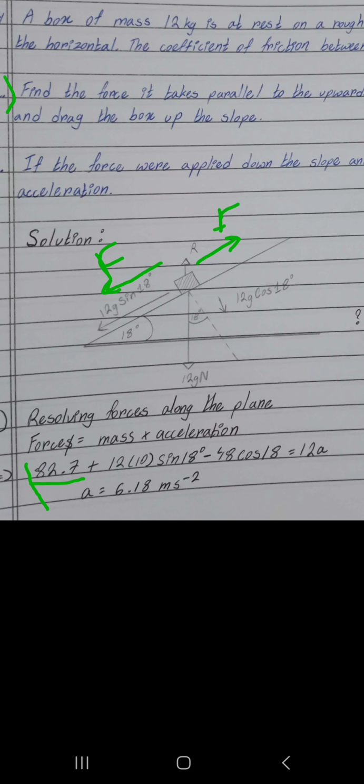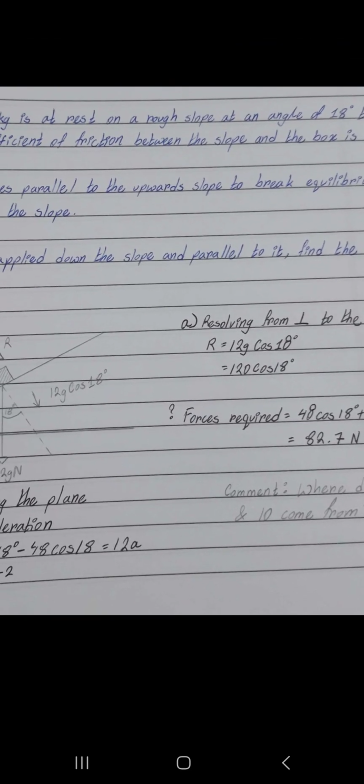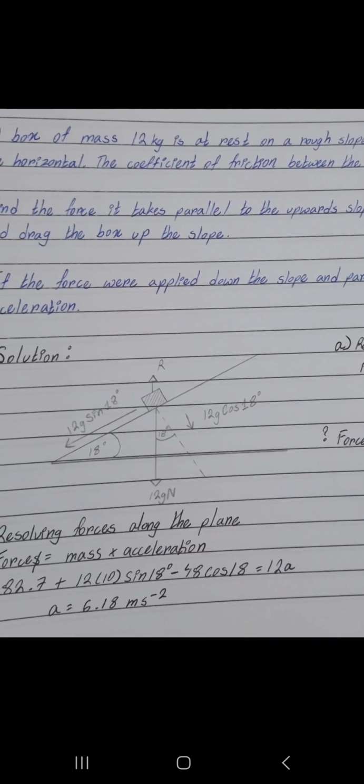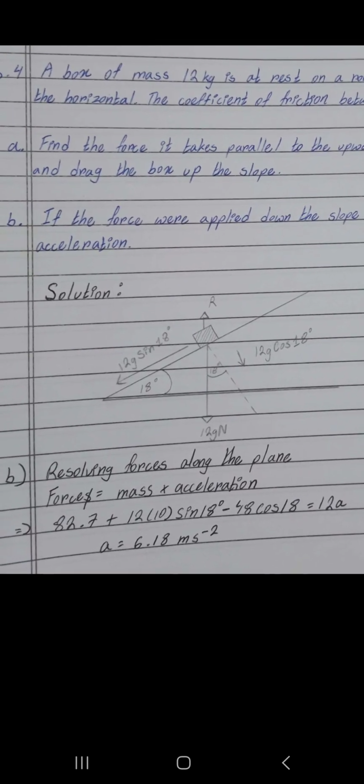And so there's still the friction force here, the Fs. Now Fs is a static force, but when he asks about the acceleration, the friction force should always direct this way.